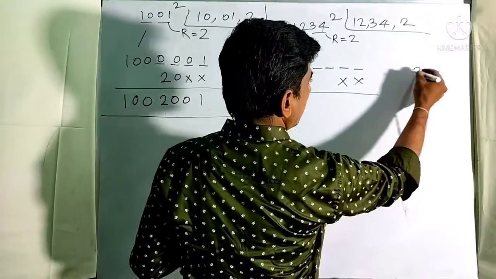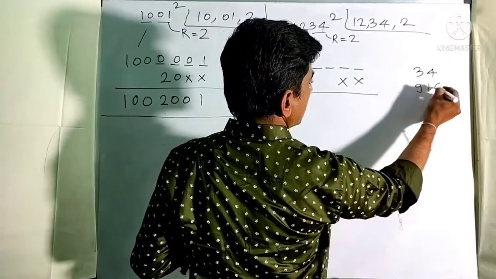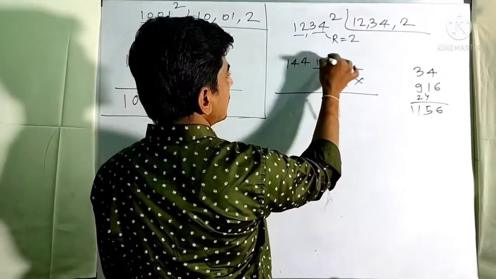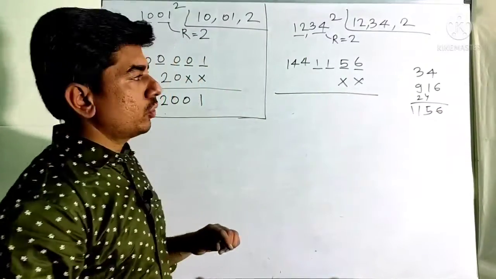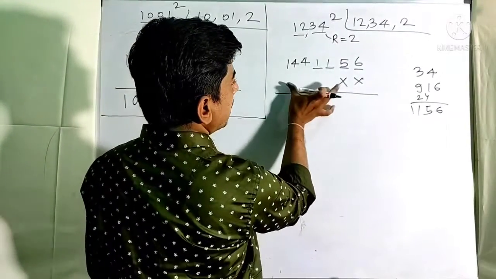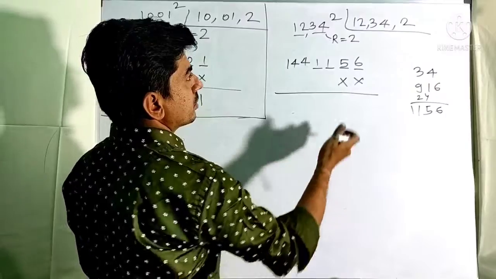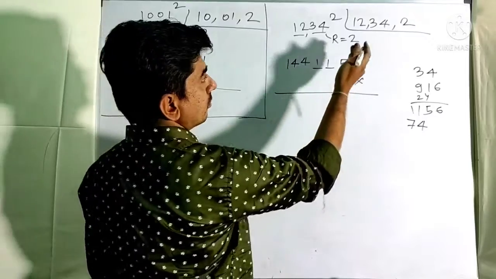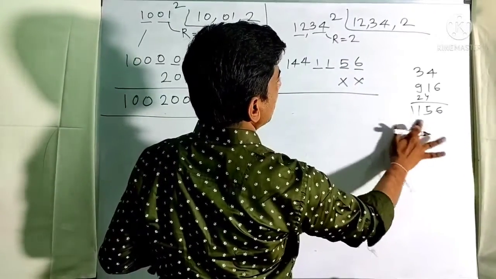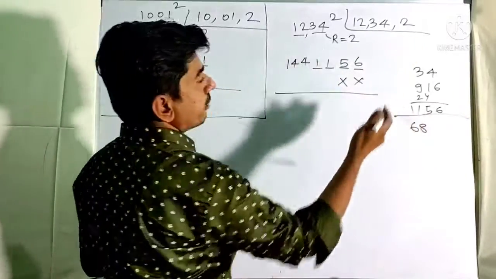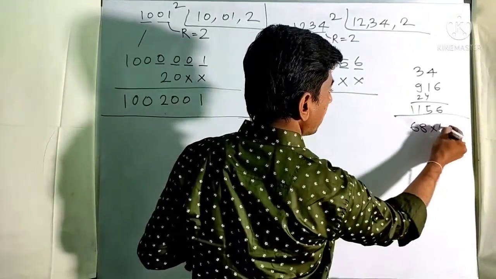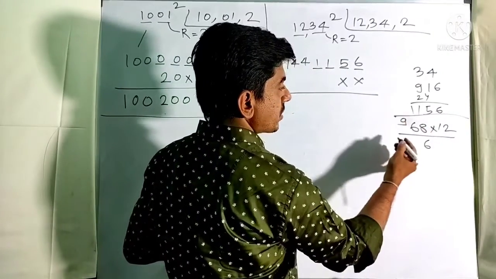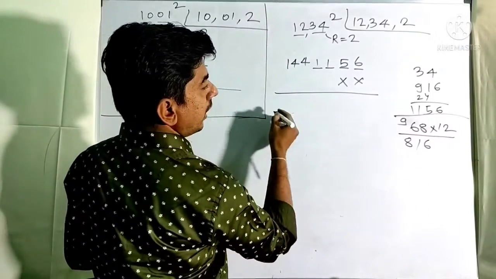Well, square of 34. 3 3 is 9, 4 4 is 16, 4 3 is 12, 2 is 24, 6, 5 11. 1156 is the square of 34. Multiplication or the product of these three numbers. 34 into 2 is 68, and you have to multiply by 12. 12 8s are 96, 12 6 is 72, 81, 816.